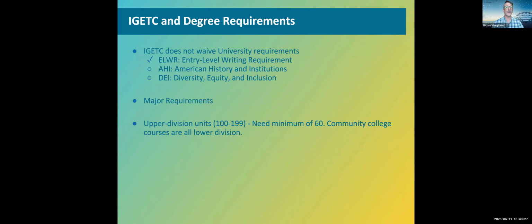However, there are college and university requirements for graduation that sometimes are easy to overlook by transfer students. So just having an IGETC or a UC Reciprocity letter does not waive additional university requirements for graduation.